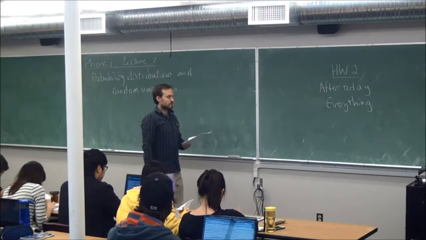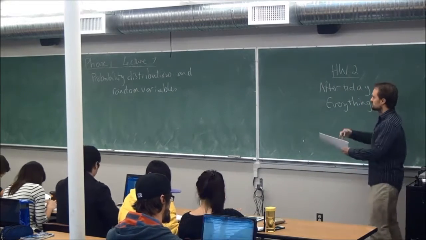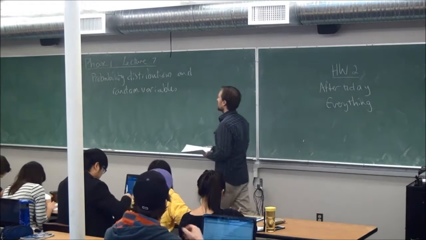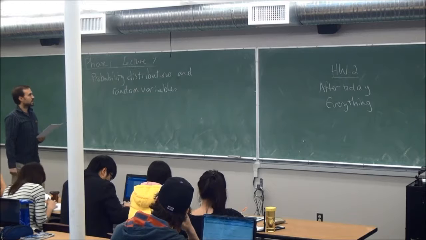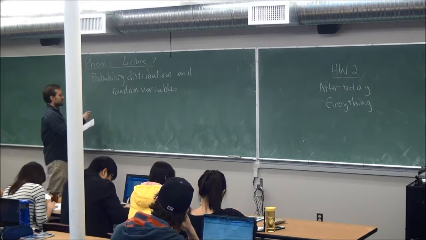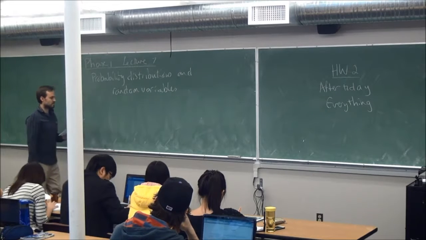So, if we want to examine an experiment a little bit more as a whole to see how likely are all the different things that could happen, then let's say a little bit first so you can have notes that make sense.